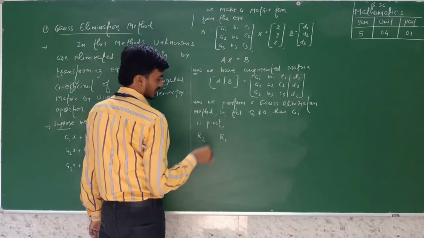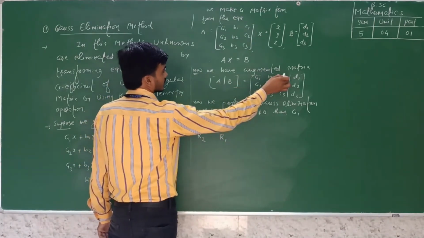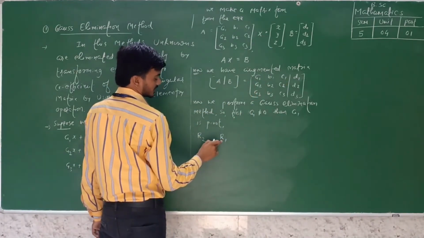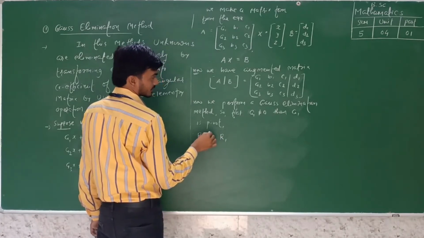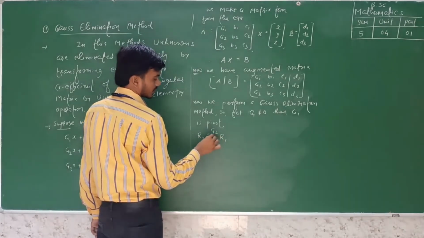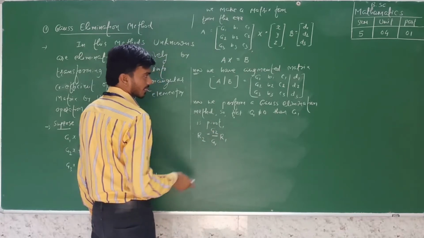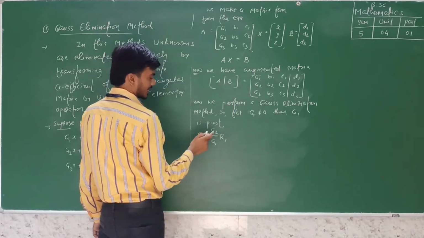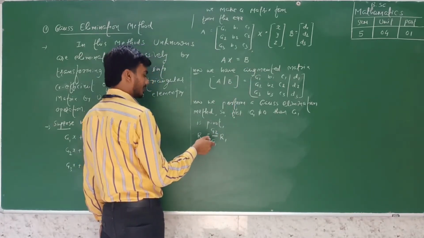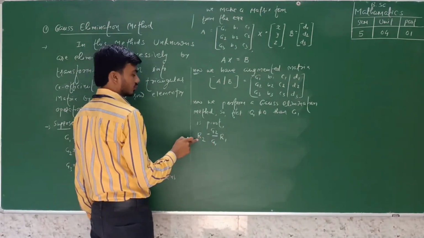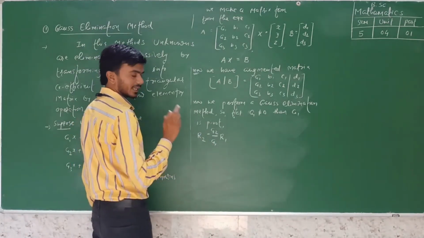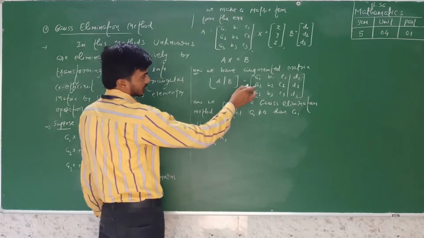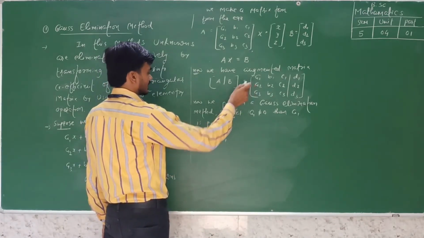First row R1, in the first row minus A2 by A1, फर्स्ट रो को माइनस A2 बाई A1 से मल्टीप्लाई करके R2, दैट मीन्स सेकंड रो में ऐड करने का। सेकंड रो में ऐड करेंगे तो क्या होगा?